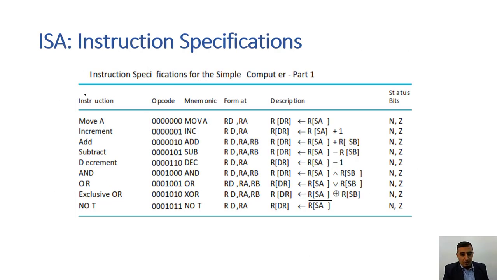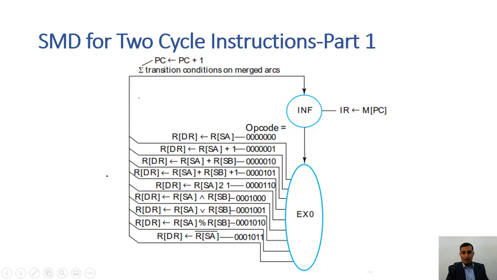This is our first part, which specifies these instructions: move A, increment, add, subtract, decrement, or, exclusive or, not. Now these are the cycles. In the first clock cycle we do instruction fetch. In the second clock cycle we do execute.